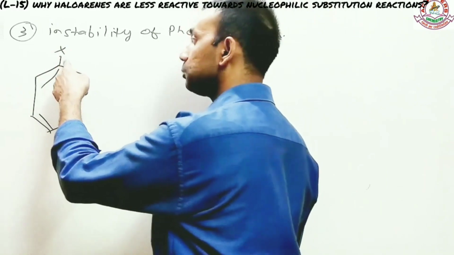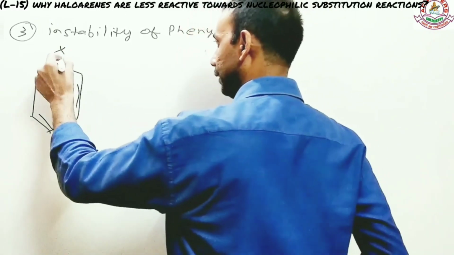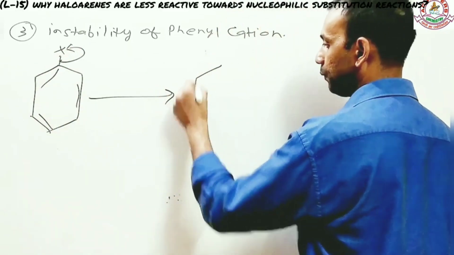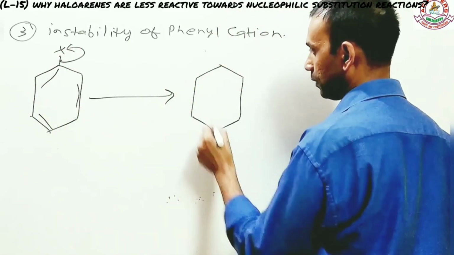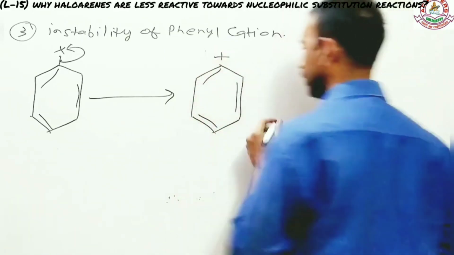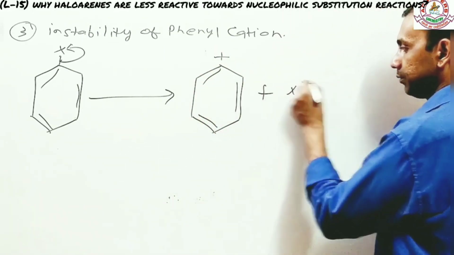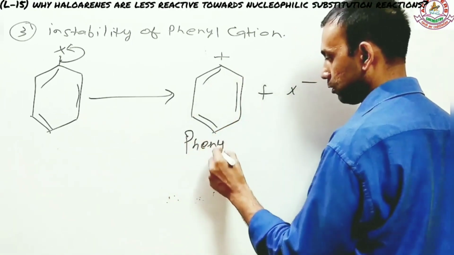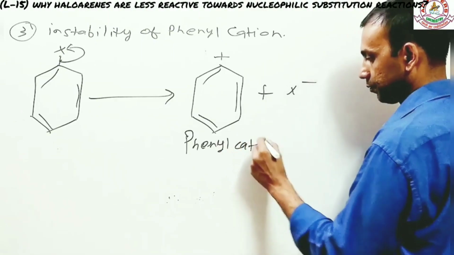If somehow this bond is broken, then what is going to happen? It will form a phenyl cation. There will be a positive charge and the halogen will come out as a negative charge. So this is your phenyl cation.